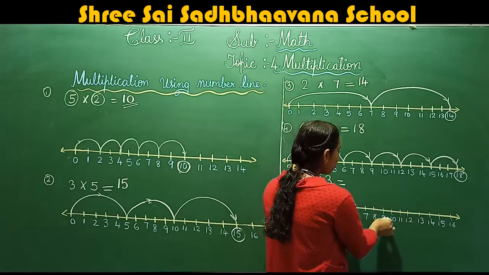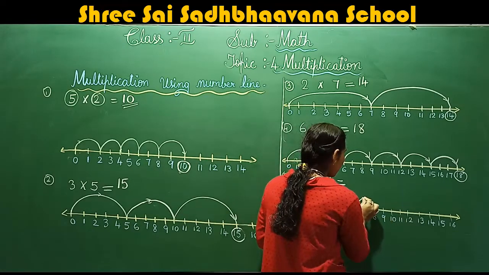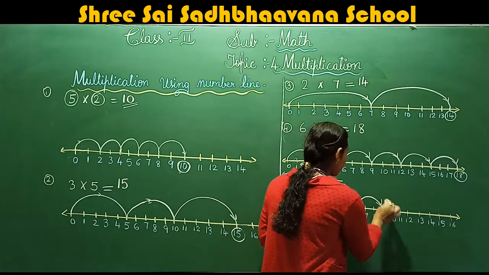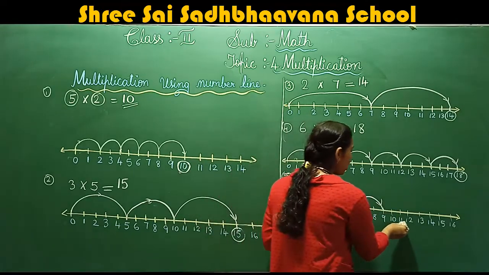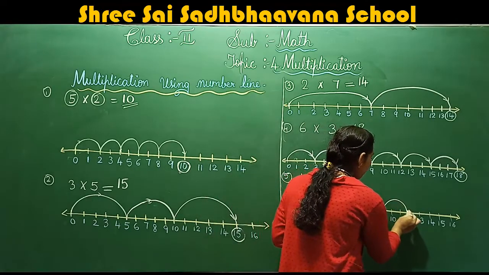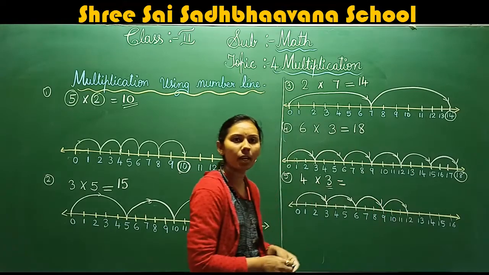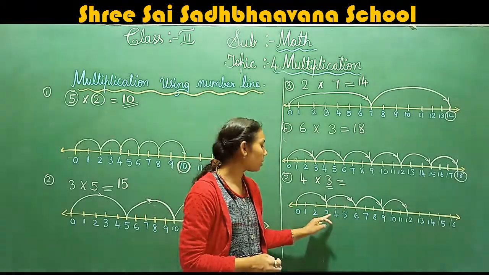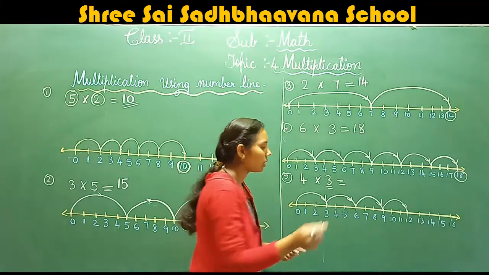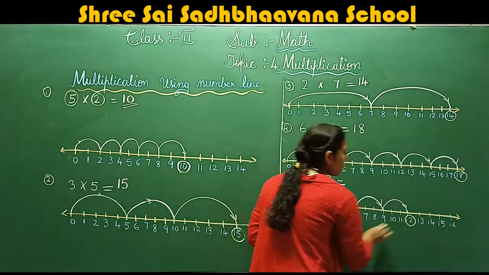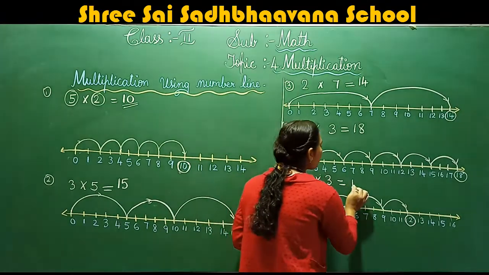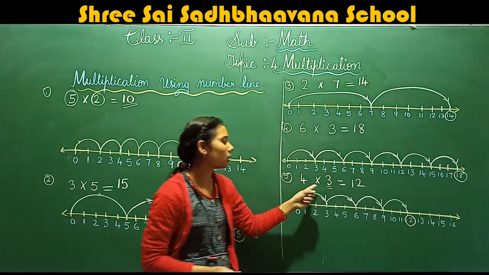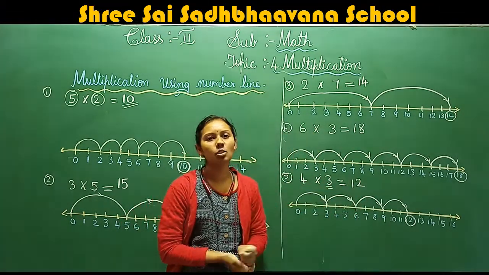Again, 1, 2, 3. 3 times. 1, 2, 3. Fourth time. So, 4 jumps, skipping 3 numbers, the answer is 12. So 4 times 3 is 12.